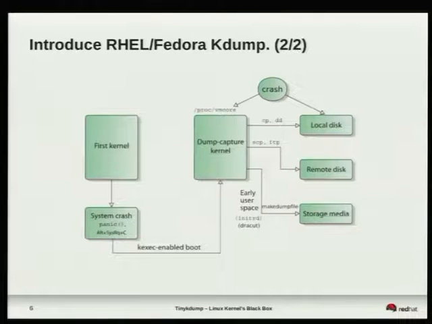It uses dracut, and uses makedumpfile to filter out some unnecessary pages and save the rest to the device of your choice. Then crash is used to analyze the vmcore offline, after the fact, on your disk.